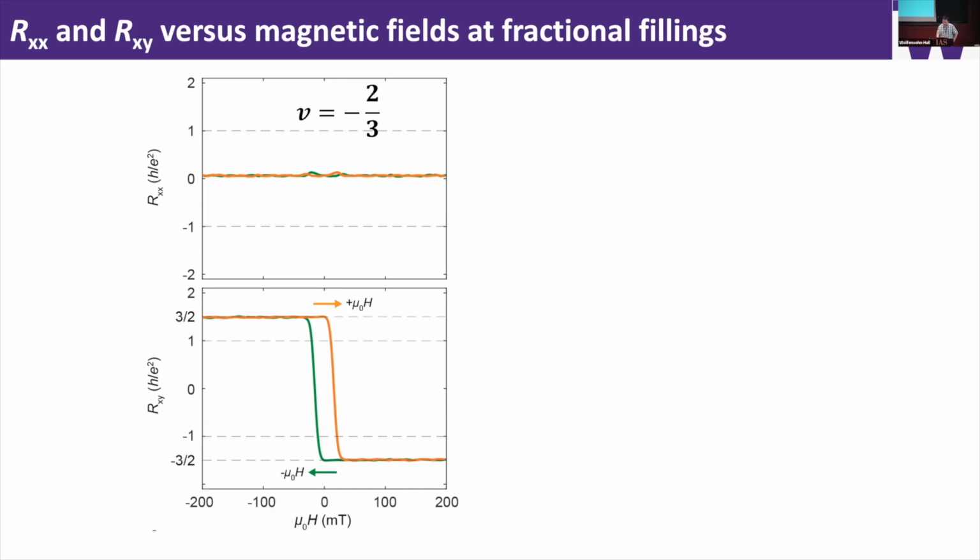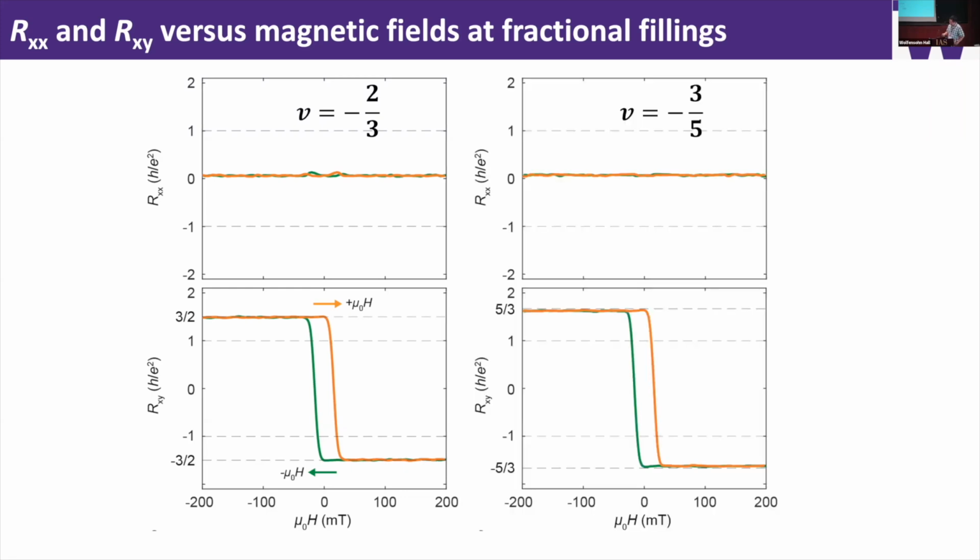That's consistent with an FCI state. We can do the same measurement for filling factor -3/5. Again, at zero magnetic field, we see nearly quantized Rxy and suppressed Rxx. So that also supports that we have an FCI state at 3/5 filling.